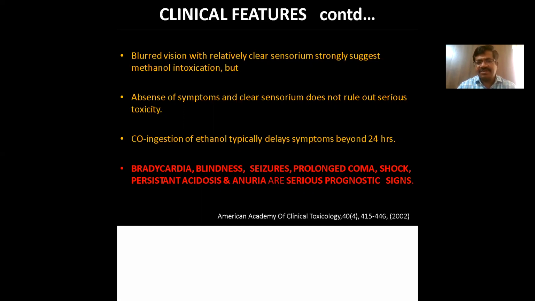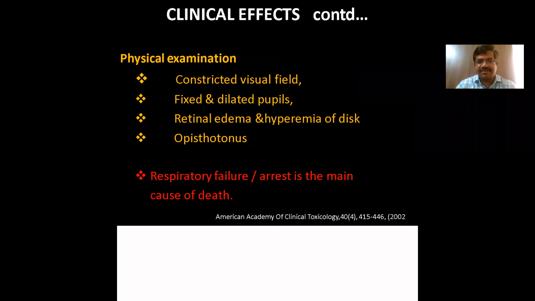Also, co-ingestion of ethanol typically delays symptoms beyond 24 hours. Bradycardia, blindness, seizures, prolonged coma, shock, persistent acidosis, and anuria are serious prognostic signs. If not controlled, these could be fatal in later stages.